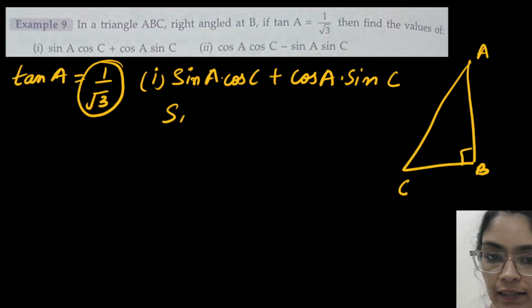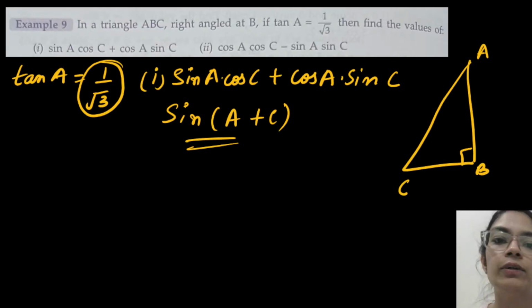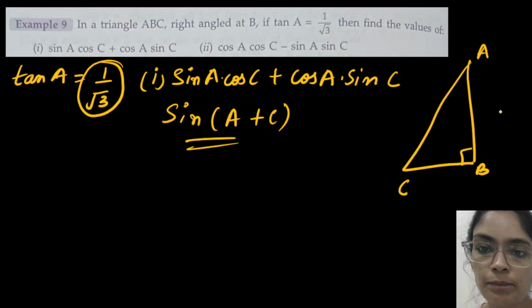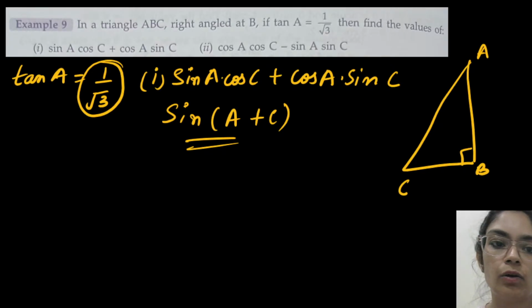This identity is sin(A plus C), but this identity is introduced in 11th grade. So here we are still in ninth grade and we don't know these identities. So that's why here we either have to apply the Pythagoras theorem, like this is 1 and this is root 3, or we have to use the standard angle values and accordingly substitute the value. So this formula we cannot use directly here.